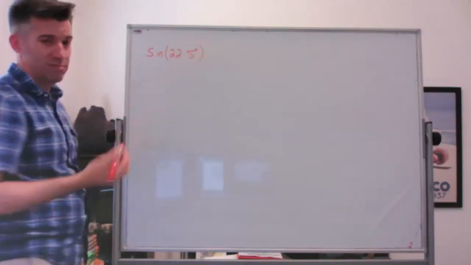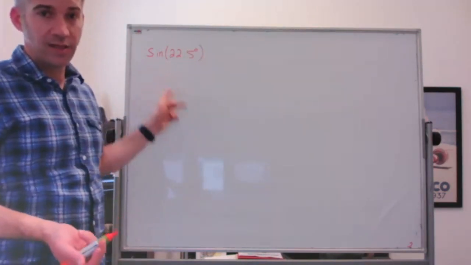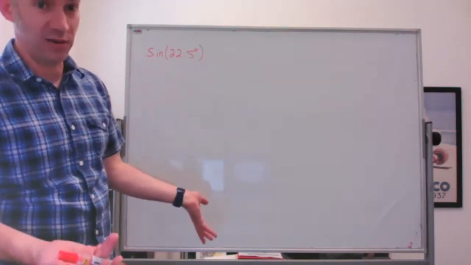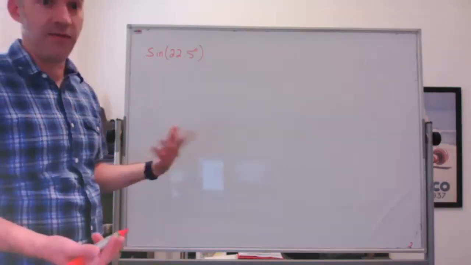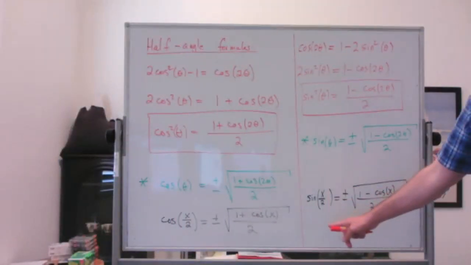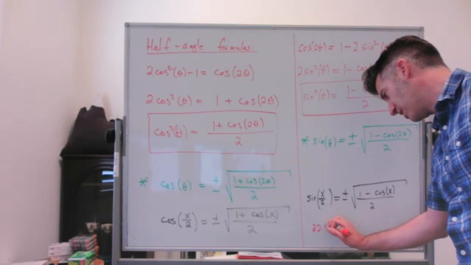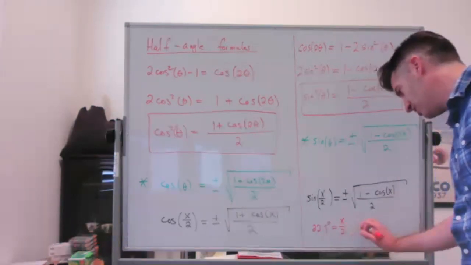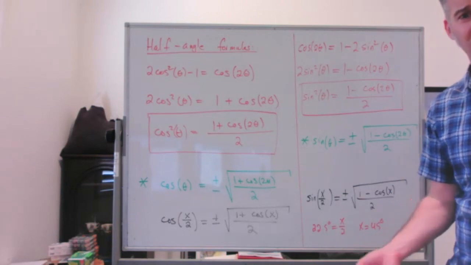As you might have noticed, I'm picking an angle that's half of an angle that we know how to deal with. Sine of 22.5 degrees is sine of half of 45 degrees. So here's the thing: I don't want to have to say 22.5 degrees is x over 2, so x is 45 degrees. That seems more work than I want to do.